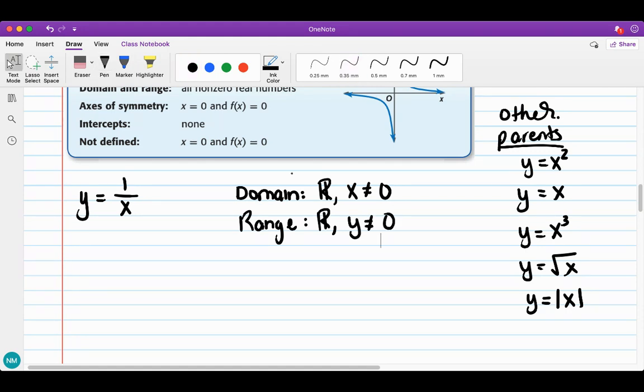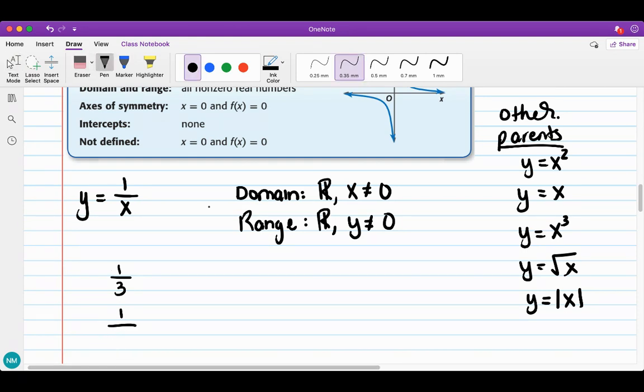The reason that this is the case is because, is there a value for x when I plug any number in that's going to output 0, right? If I plug in a positive number, like 3, I get 1/3. If I plug in a negative number, like -3, I get -1/3, right?